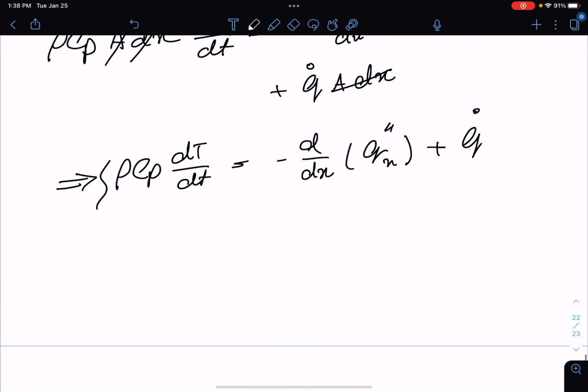And if you recall, Fourier's law tells us that a heat flux is negative k dT/dx. But we need to make an adjustment here, because temperature is changing as a function of your location, x, as well as your time, t.